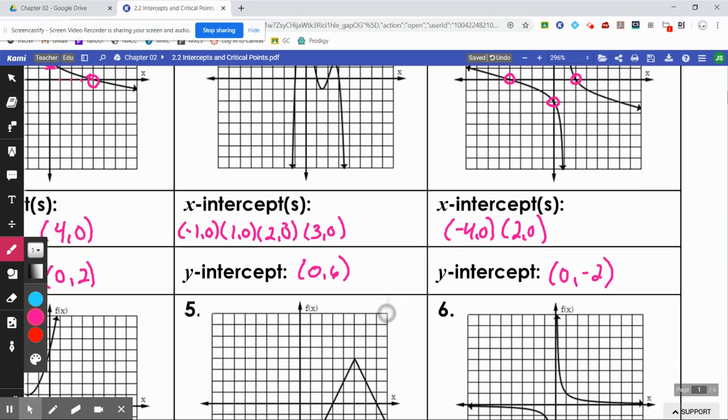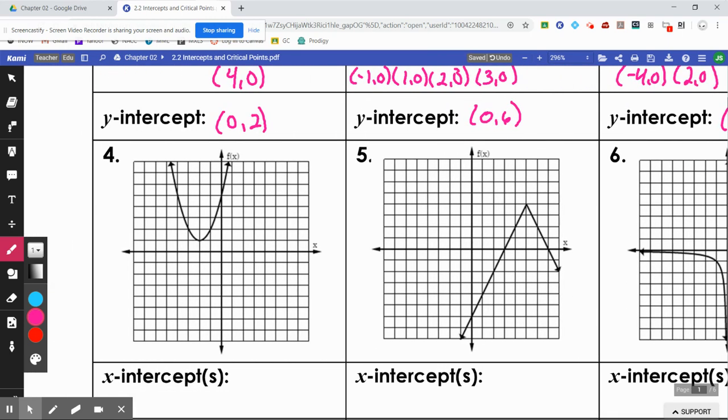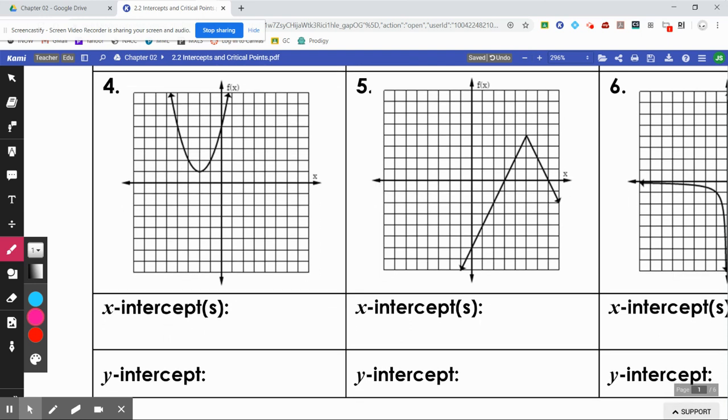Now, sometimes we will just list the number. We don't put the 0 with it, but again, just for the sake of you remembering, I'm going to list both. For the next graph, x-intercepts, this graph does not cross the x-axis, so there are no x-intercepts. However, we do have a y-intercept here. That's going to be 0, 5.